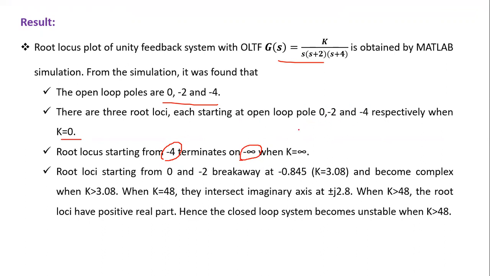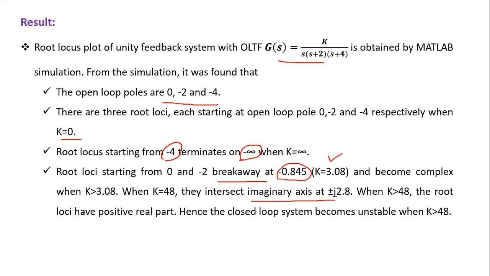Coming to the remaining two, in between 0 and -2 we have a breakaway point at -0.845. At that point, the K value is 3.08. After the breakaway, they diverge and travel towards infinity. While traveling towards infinity, they cross the imaginary axis at ±j2.8. At that point, the K value is 48.